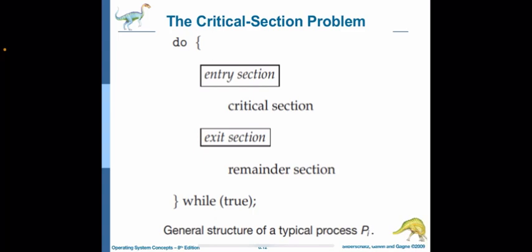So we include the code in an infinite while loop. Before entering the critical section, we include some code called the entry section. If the entry section is successful, the critical section can be executed. After completing the critical section, an exit section is executed so that the lock is released and some other process can enter. After releasing the lock, the process continues with its remainder section. Like this, any process will be structured.